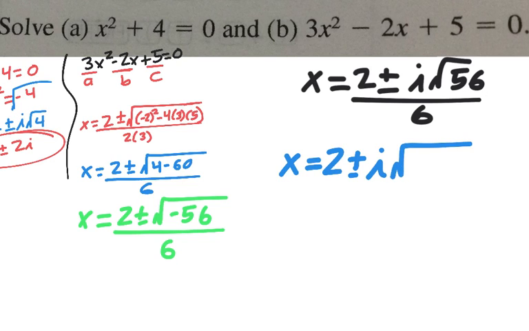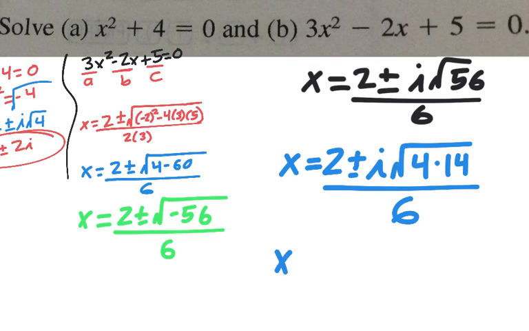If you don't, you have to do trial and error. 56 is 4 times 19. No, it's not. It's 4 times 14. Yeah, that's better. Okay. Over 6. And then I can bring the 4 out. So the 4 coming out would be 2.